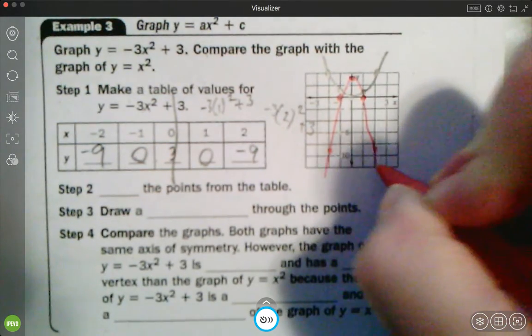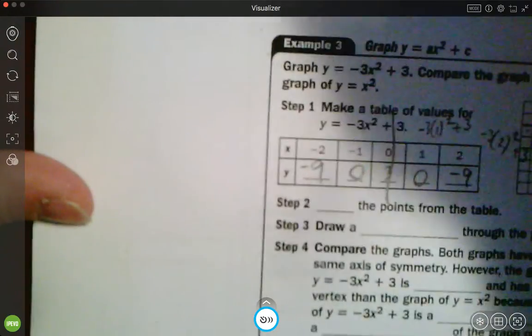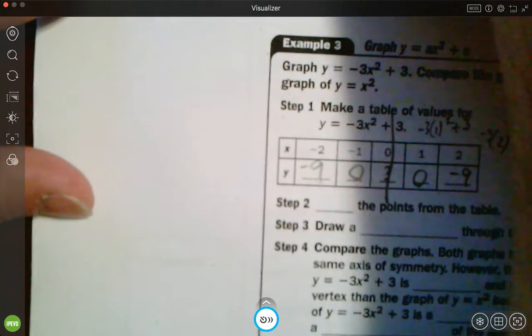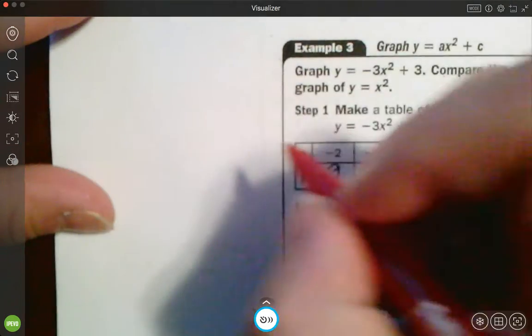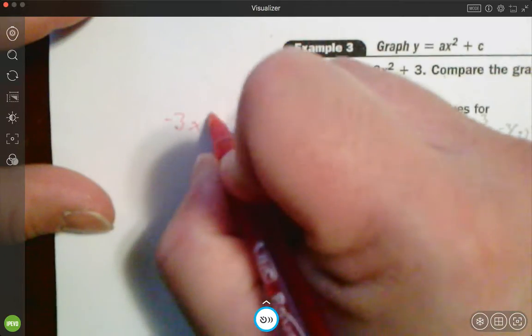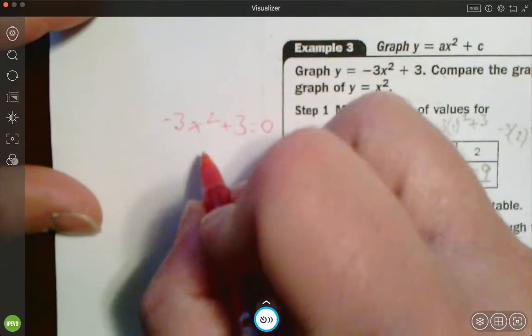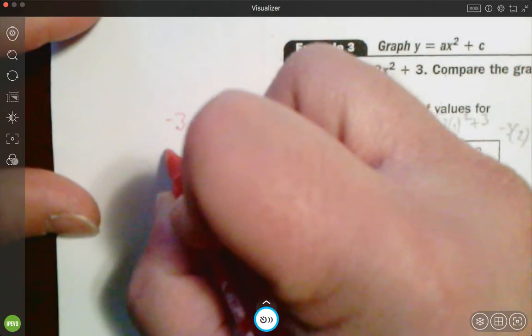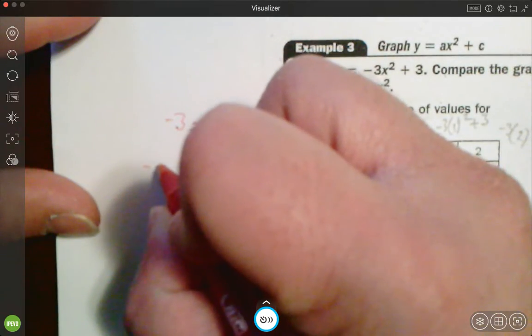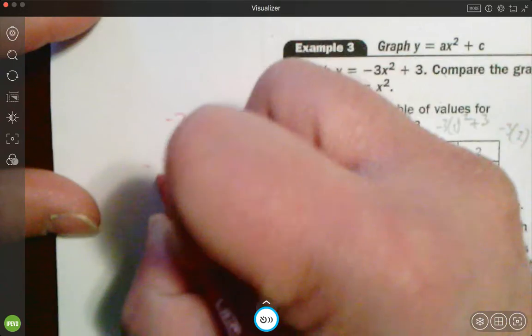Can't resist. Let me see if this works. So if we actually went back and solved this, let me see if this would work. Negative 3x squared plus 3 equals 0. And we factor out, just like we did before, a negative 3, right?